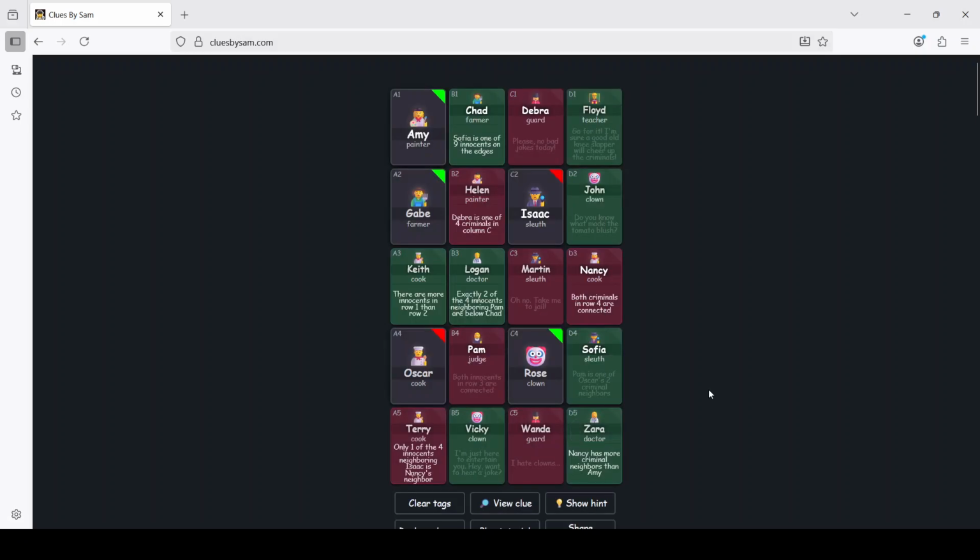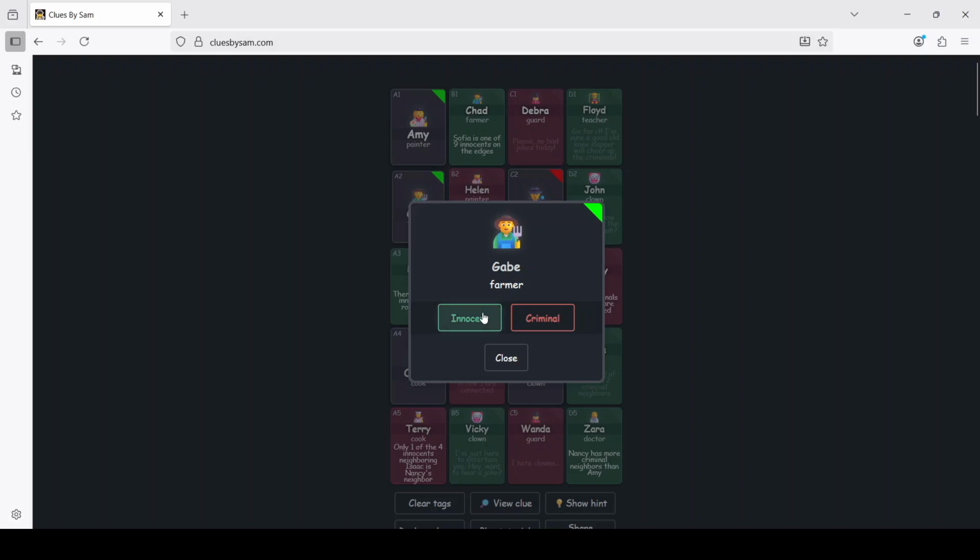And she is telling us Nancy has more criminal neighbors than Amy. Nancy is going to have 2 criminal neighbors, whether Isaac or Rose is the criminal. That means Amy can only have 1 criminal. We've already revealed Helen as a criminal. Gabe must be innocent.